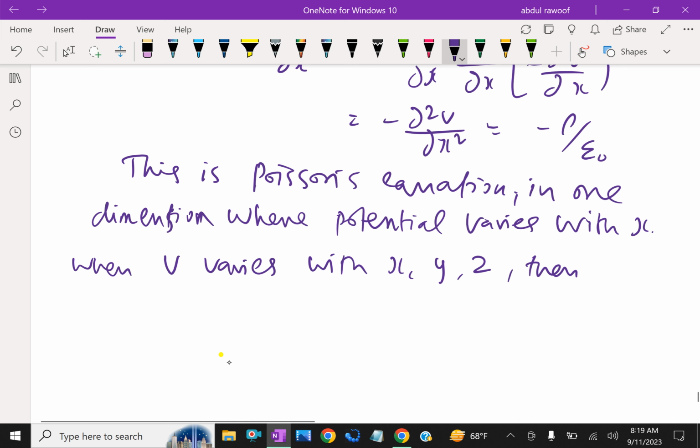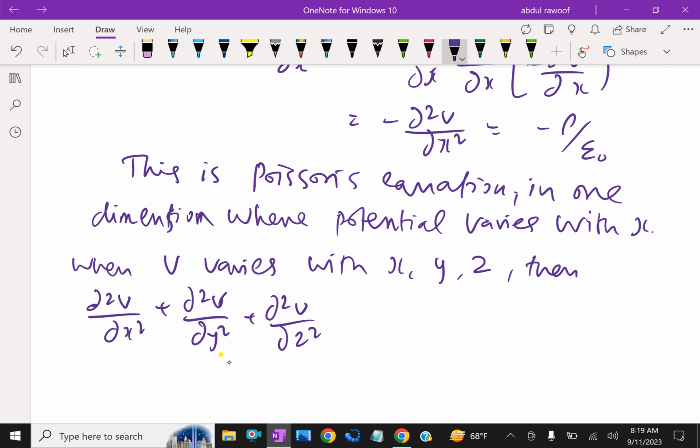Then dou square V by dou x square plus dou square V by dou y square plus dou square V by dou z square equals minus rho over epsilon 0, which is delta square V, the differential square of V in vector notation.